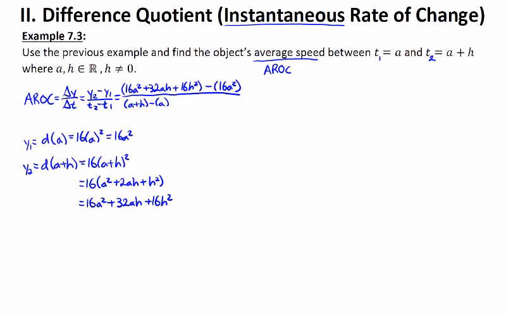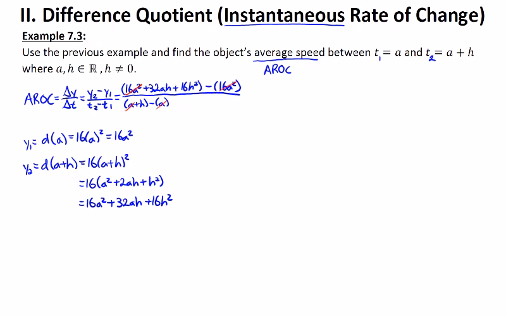Now, with this average rate of change calculation, we have a subtraction in the numerator and a subtraction in the denominator. If you look closely enough, in the numerator, 16a squared shows up in both of those groups, and with subtraction, we can just cancel them out. The same thing occurs in the denominator with a. A minus a is going to end up canceling out.